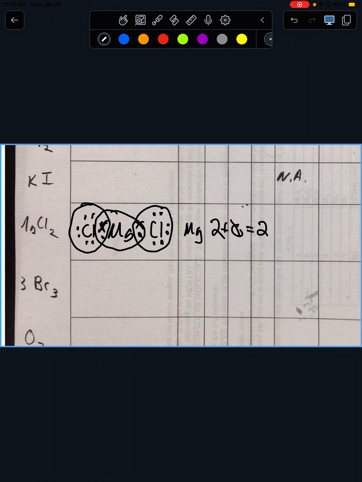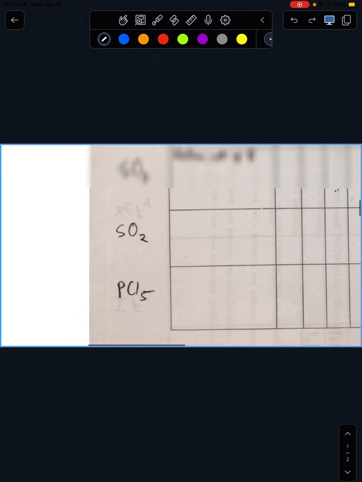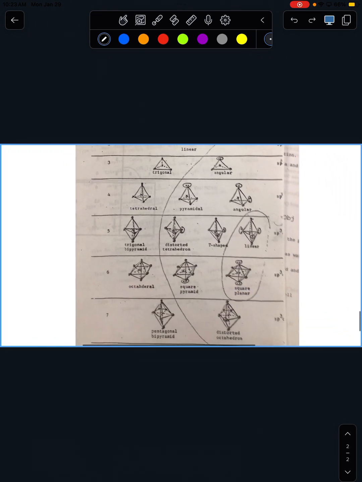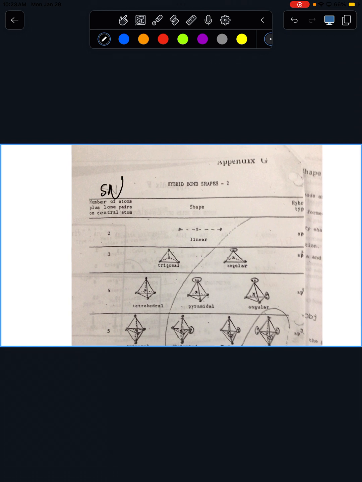You add the 2 together to get the steric number. So you can either use the steric number or just memorize that the hybridization will be sp, because it has to add up to the steric number. So my hybridization is sp, and if you haven't already, on appendix G, this is the steric number over here.